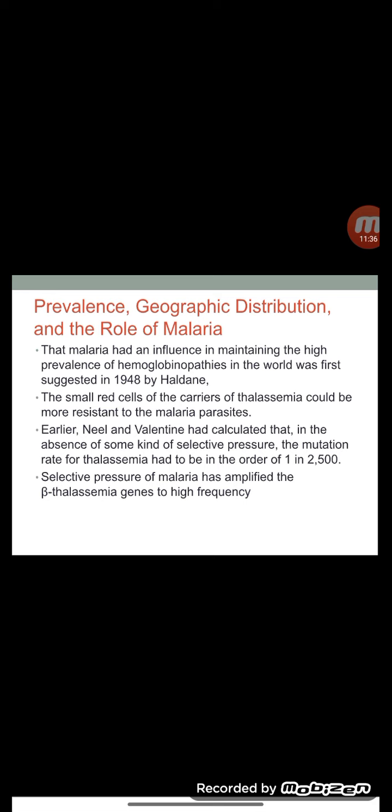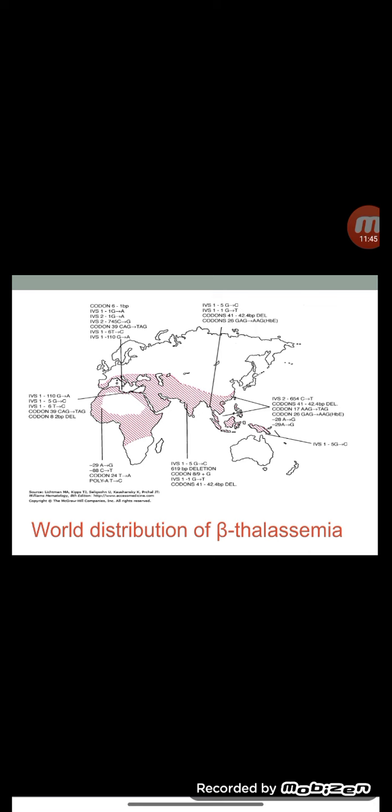Selective pressure of malaria has amplified the beta thalassemia genes to high frequency in those areas where malaria is endemic. So, here you can see the distribution of beta thalassemia across the world. You can see that India and Southeast Asia are placed in high prevalence areas.